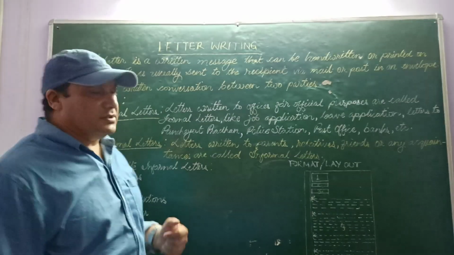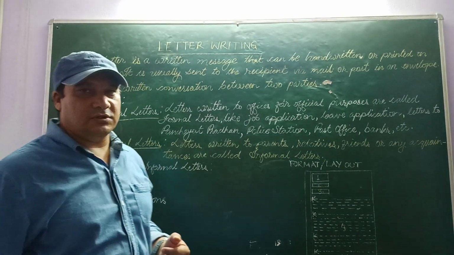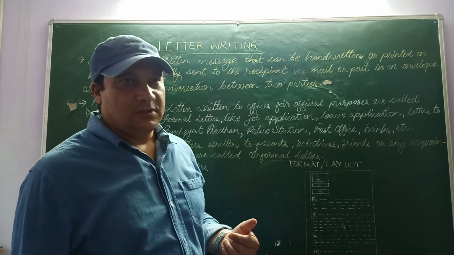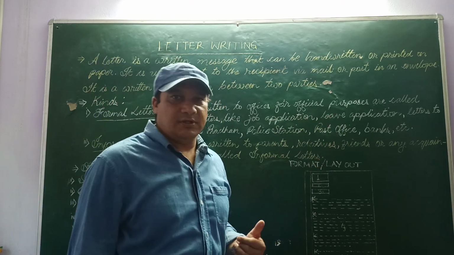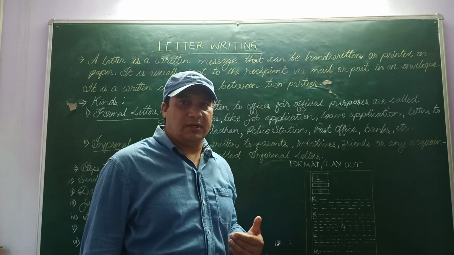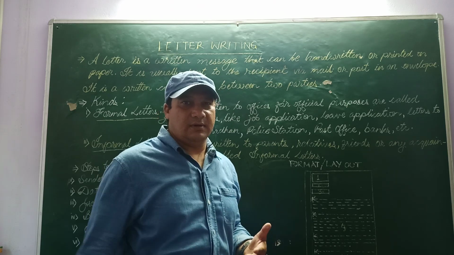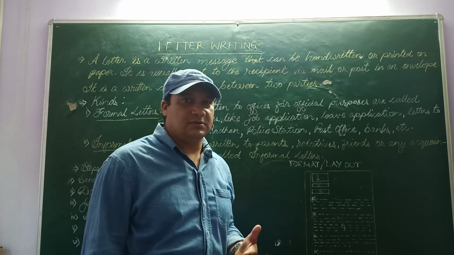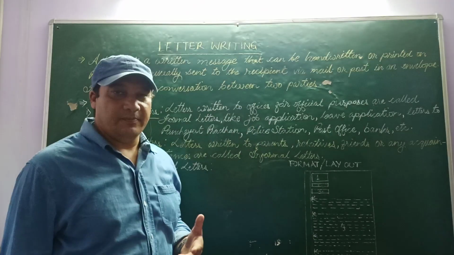And see, it is a written conversation between two parties. One writes, the other receives, and then the other responds to the one who has written the letter. So this is how letters are exchanged between the two parties. This is what we call letter writing.